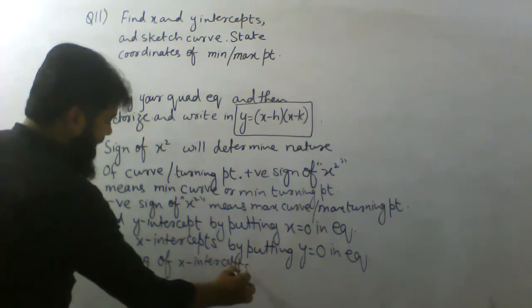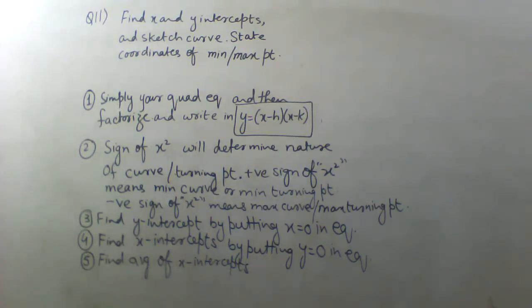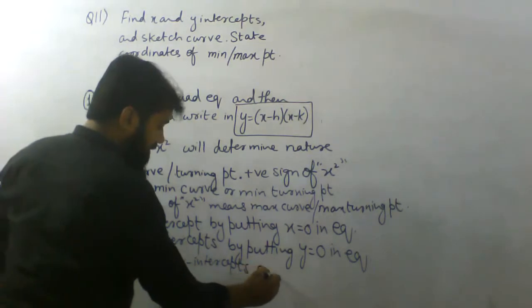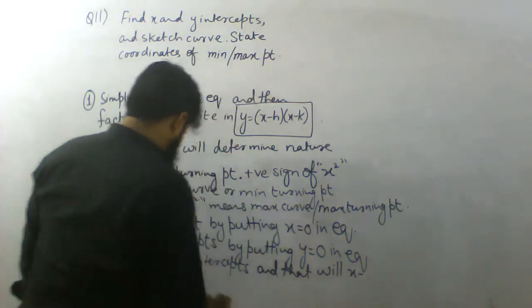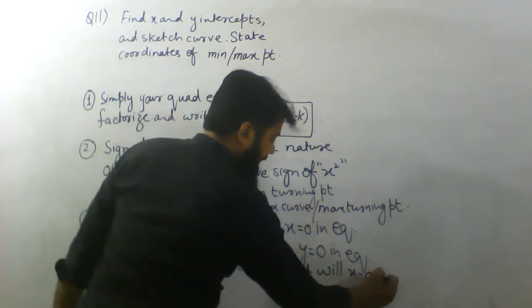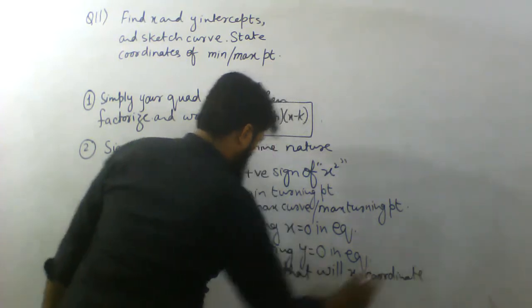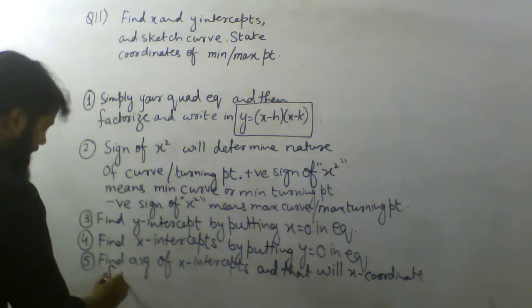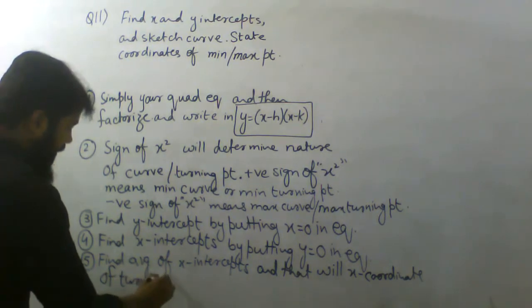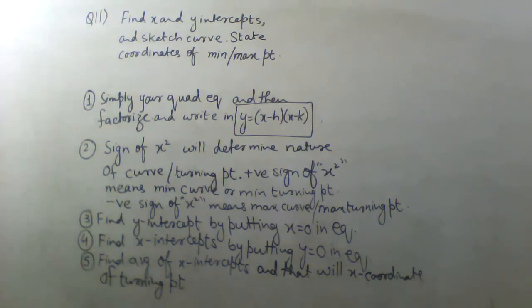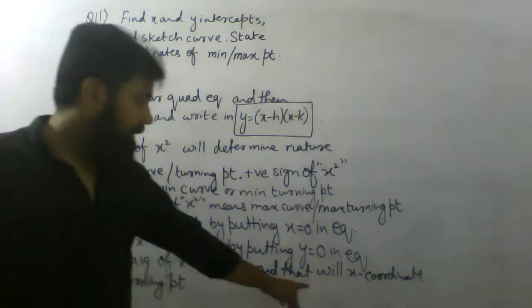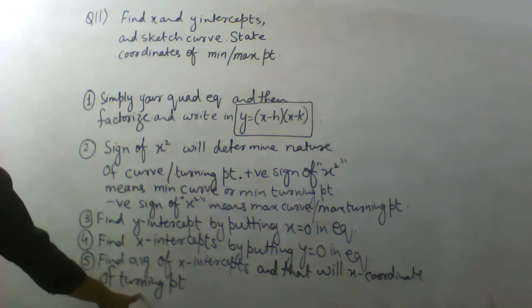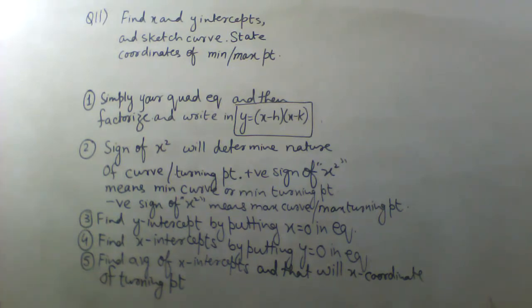Whatever x-intercepts are given, I will find the average of the x-intercepts and that will be the x coordinate of the turning point. You will find the average of the x-intercepts and you will have the x coordinate of the turning point.